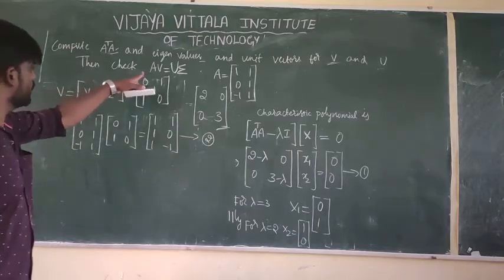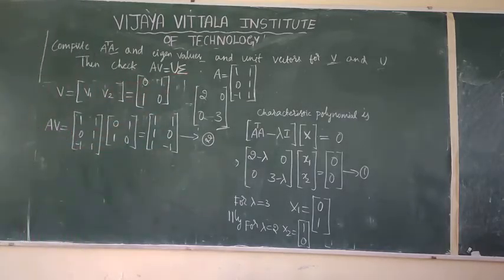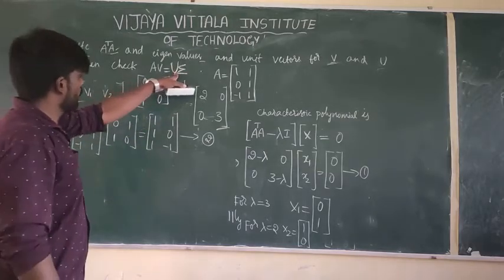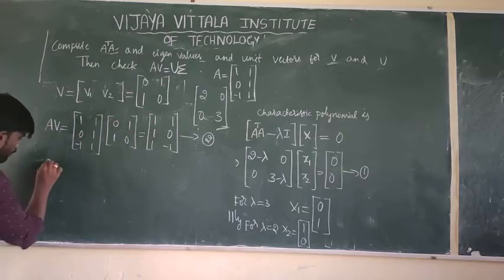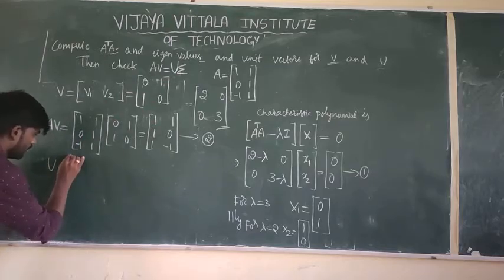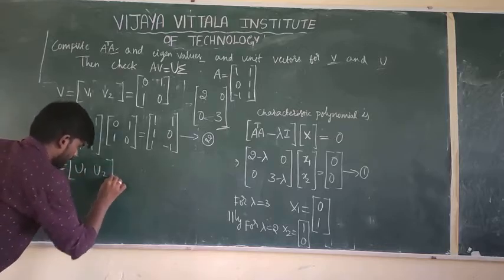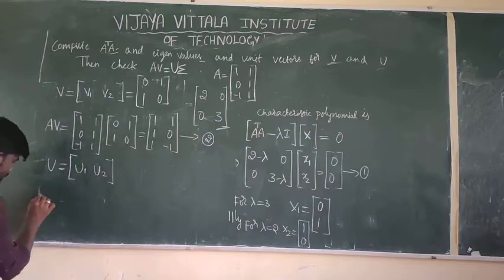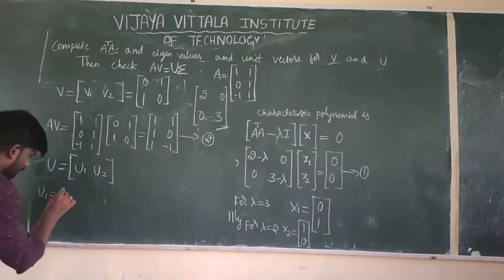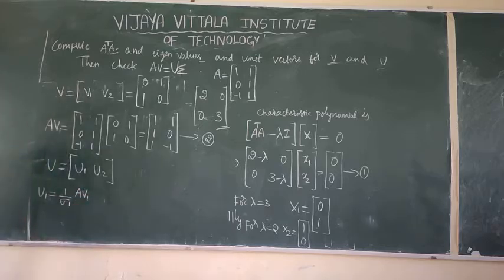To prove LHS equal to RHS, we have to find U into summation. To find U and summation, we have the formula: U contains the unit vectors U1 and U2. U1 is 1 by sigma 1 into A into V1.